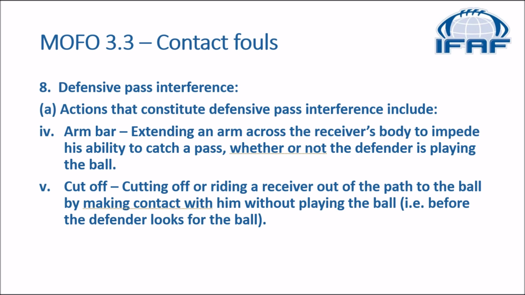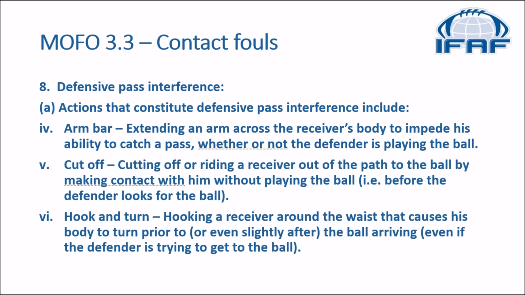That means before the defender looks for the ball. And finally, 6, hook and turn, hooking a receiver around the waist that causes his body to turn prior to or even slightly after the ball arriving, even if the defender is trying to get to the ball.